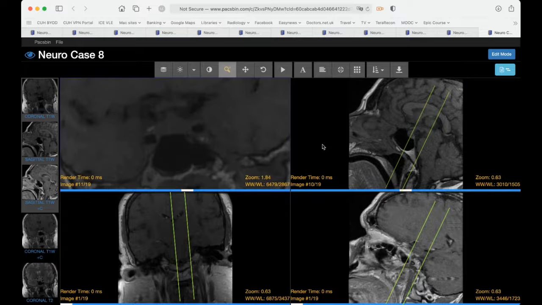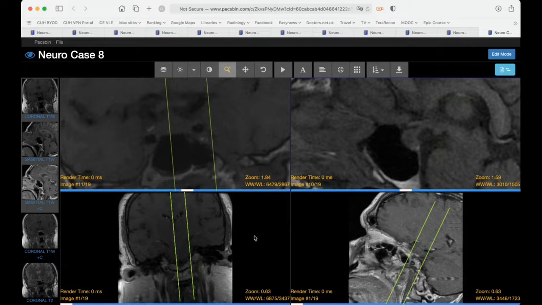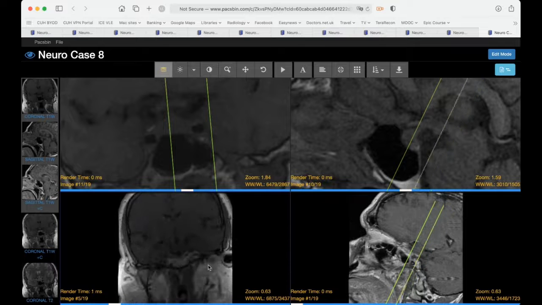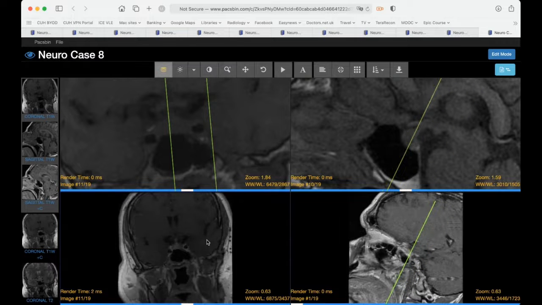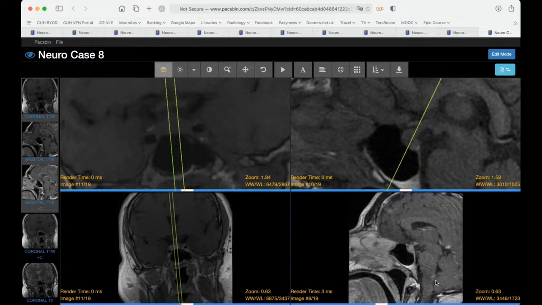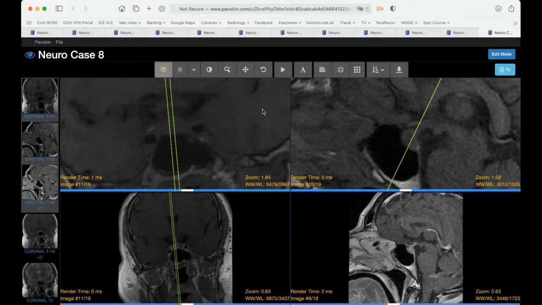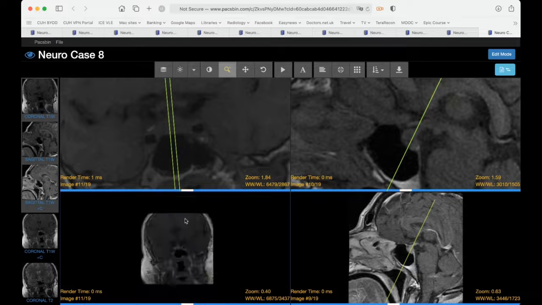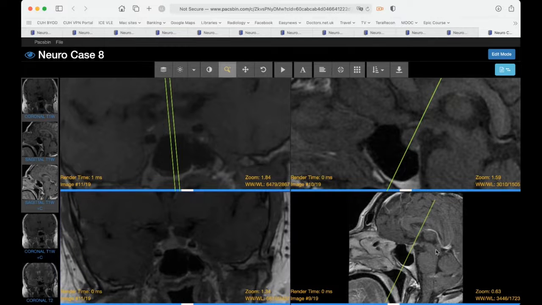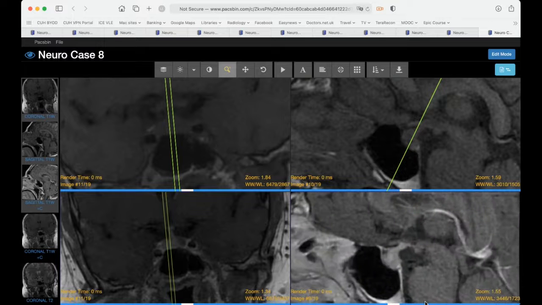Zoom in there. But that's much clearer to see on the post-contrast imaging. It looks like fairly diffuse enlargement. And if you notice the pituitary stalk, the infundibulum, is also rather thickened. So if you could vote for what you think is going on here.